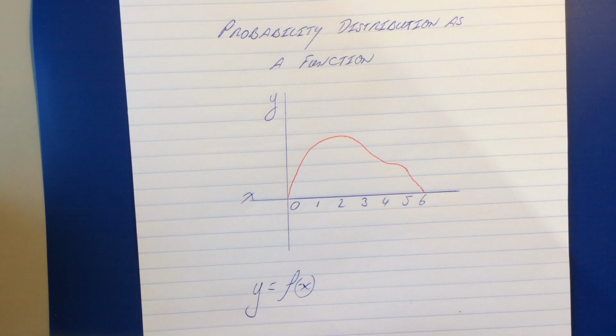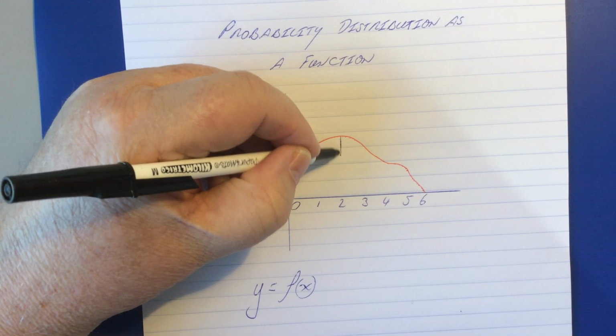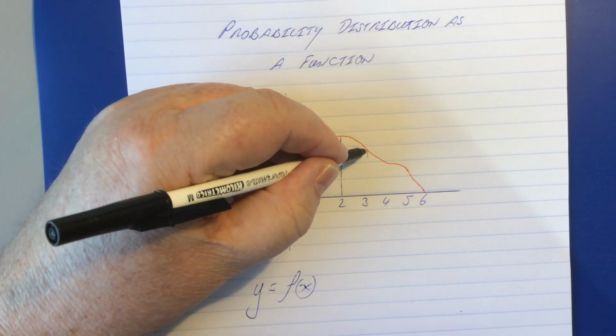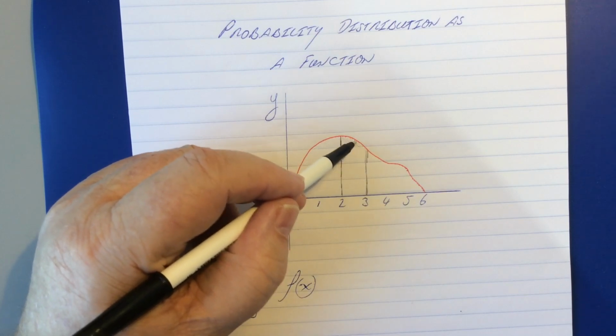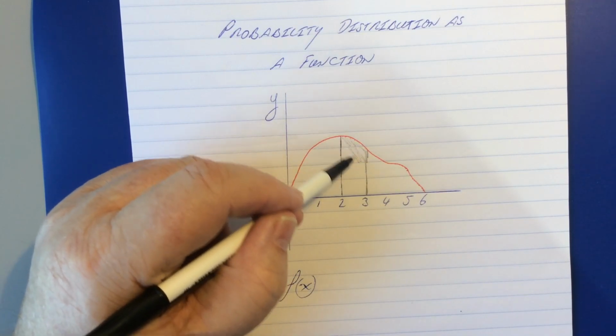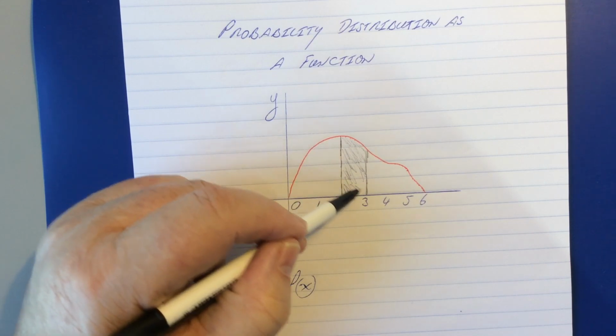So if you were asked a question, what is the probability of an outcome between 2 and 3, what we're looking at is the shaded region between 2 and 3 on this graph.